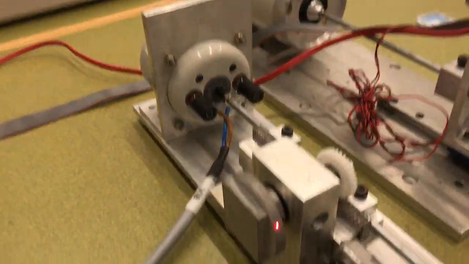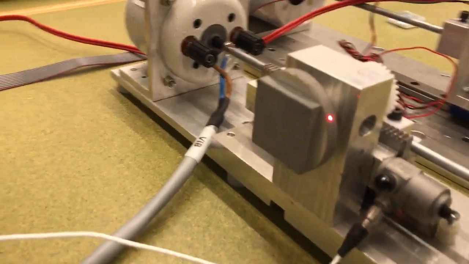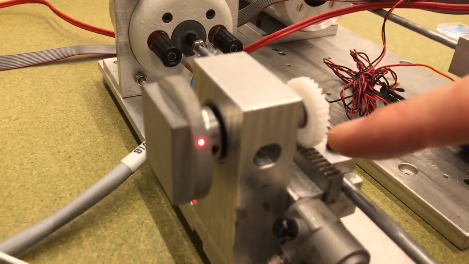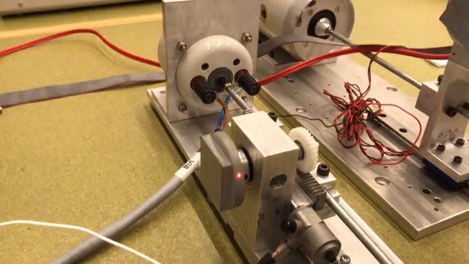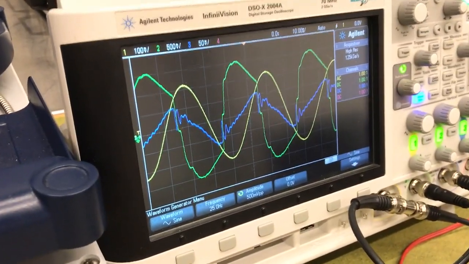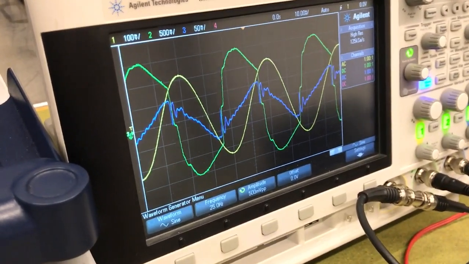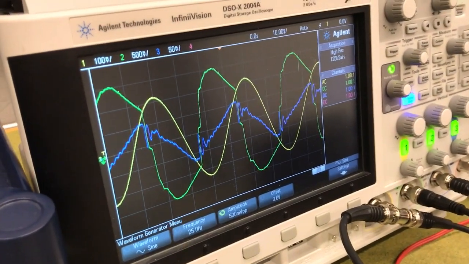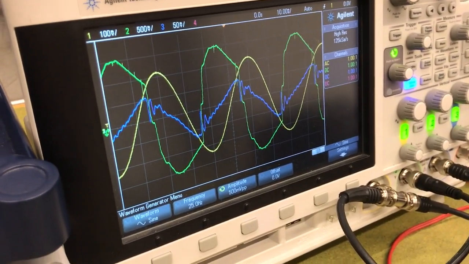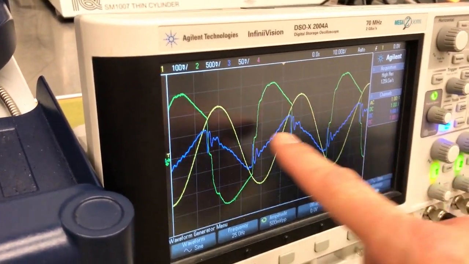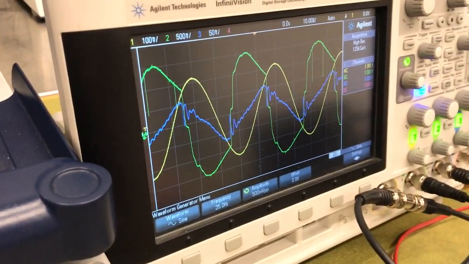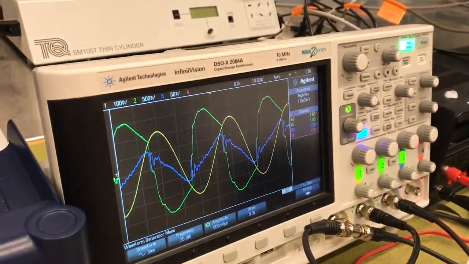And of course with the wheel, because of the fact that as well as the backlash here in the gear system, we've got friction in the bearing, we have an even less sinusoidal looking signal, but nevertheless in terms of the peak amplitude it's an acceptable measurement, and if we were to do a Fourier transform and look at the frequency content, we would clearly see that the primary sinusoidal vibration is at exactly the same frequency as which we're driving the instrument, of course.